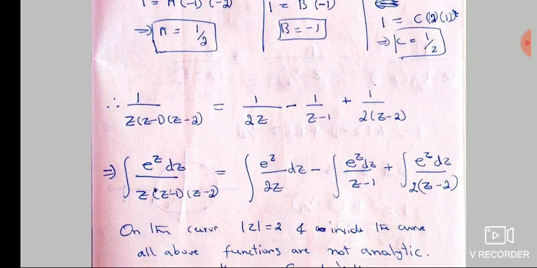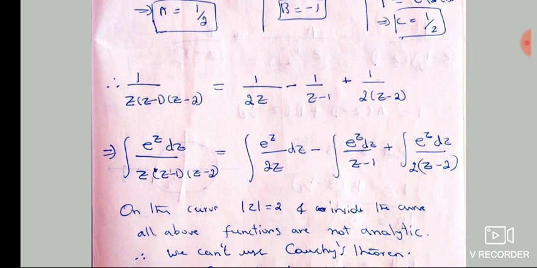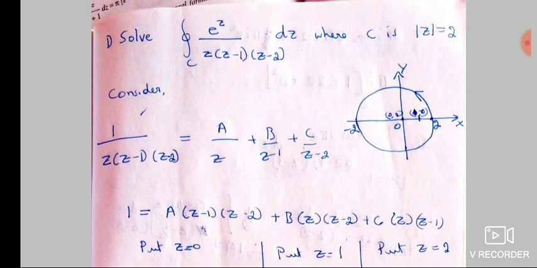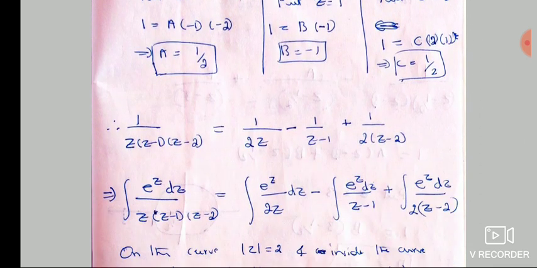So by partial fractions, 1 by z into z minus 1 into z minus 2 will be 1 by 2z, that is what we put as the a value, minus 1 by z minus 1 plus 1 by 2 into z minus 2. So by using this we change the question, wherever you have 1 by z into z minus 1 into z minus 2, we will substitute this value.